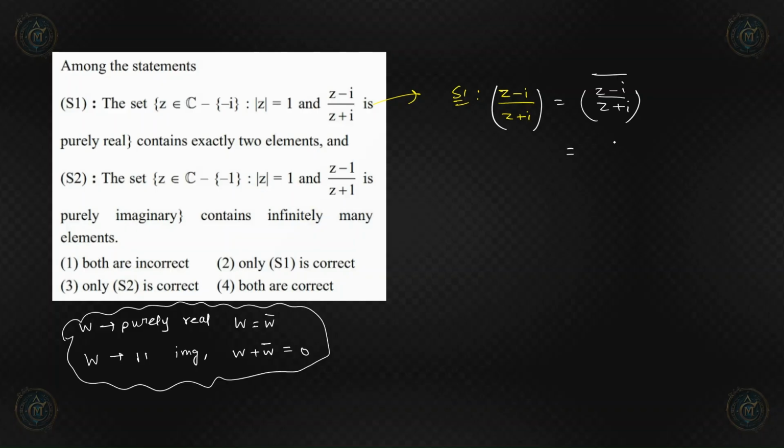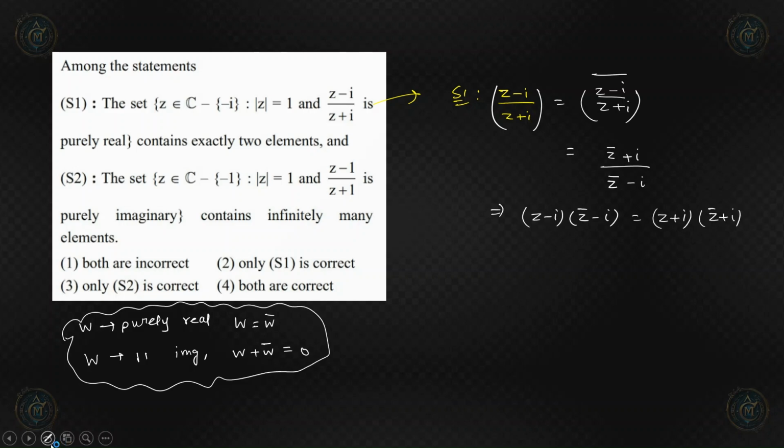So this we can write as z bar minus iota bar, which is minus iota, so this will become plus iota, right? Divided by z bar plus iota bar, which will be minus iota. Okay, so if we solve this equation, we get (z minus iota)(z bar minus iota) is equal to (z plus iota)(z bar plus iota).